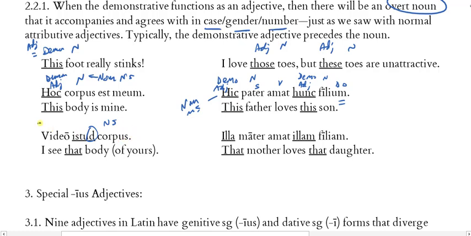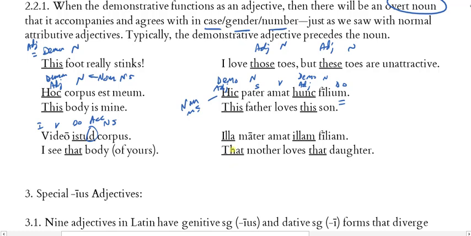Right, I is the subject, and my verb here is taking a direct object, and so this demonstrative is a far demonstrative, and it is accusative, even though it could have been nominative, because neuters are the same, nominative and accusative. So video istud corpus, I see that body, which is pertaining to you. I see that body of yours.